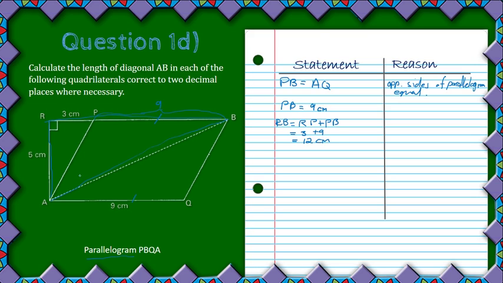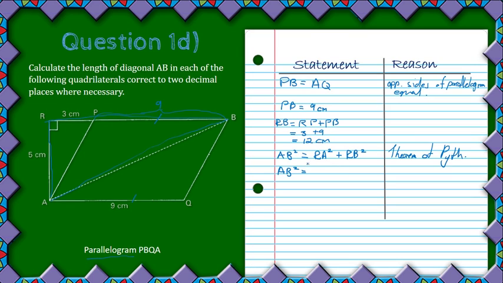Now we're in the position to use Pythagoras in this bigger triangle. We have AB squared is equal to the short side RA squared plus RB squared. This is Theorem of Pythagoras. And then we substitute in our known values.